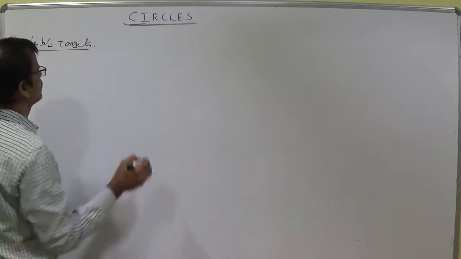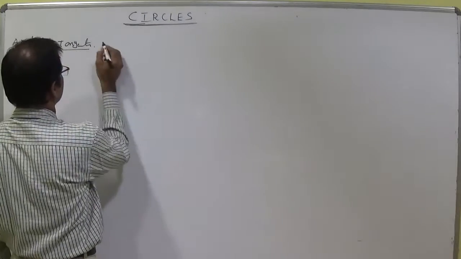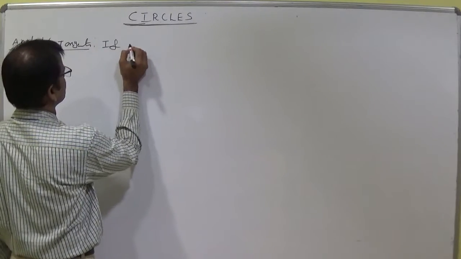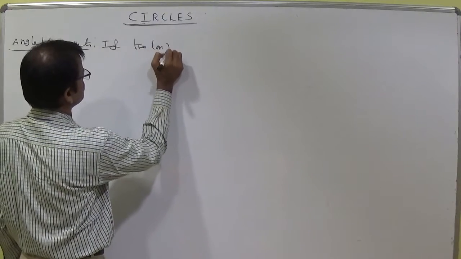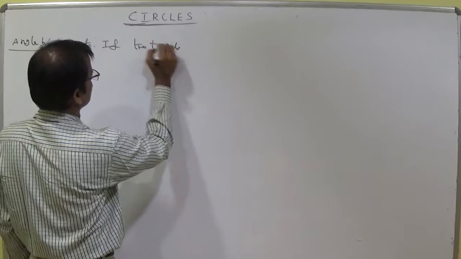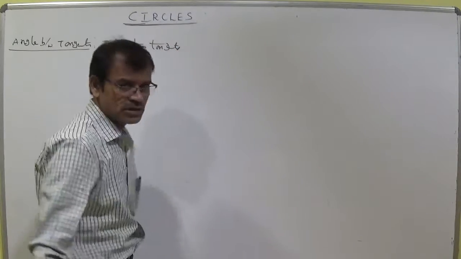This is the side view. If two tangents can be drawn only from an external point to the circle.